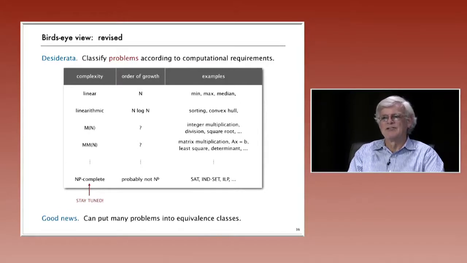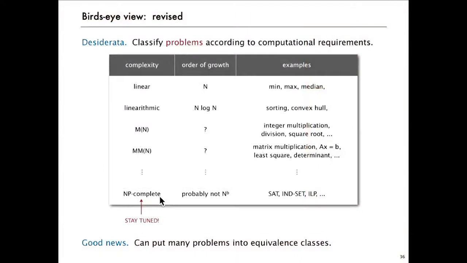But at least what we can do is define complexity classes. Even though we don't know what it is, we know there's a lot of important problems that have that same complexity. And there's a really important one that we're going to talk about in the last lecture called the NP-complete problems, and all kinds of important problems that fall into that.